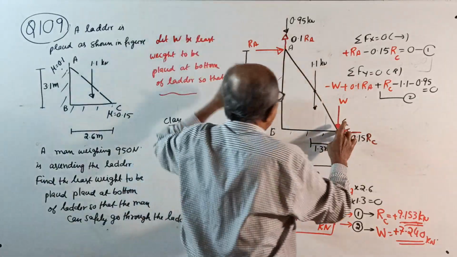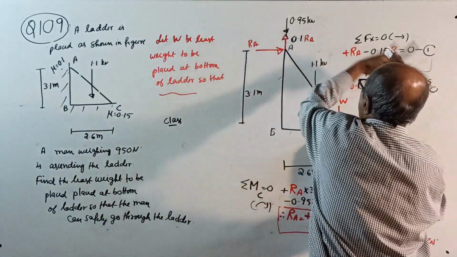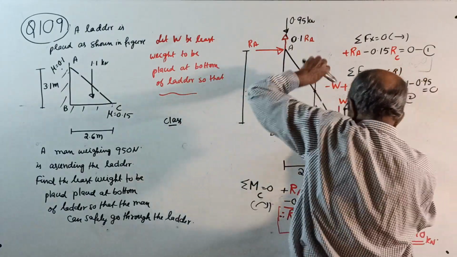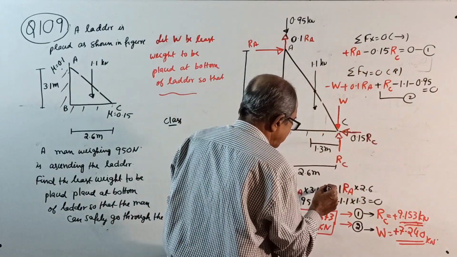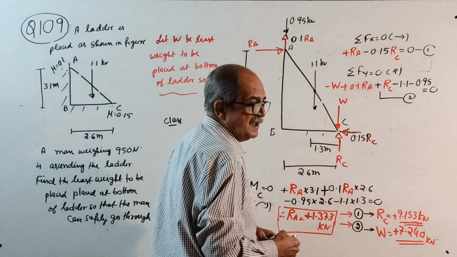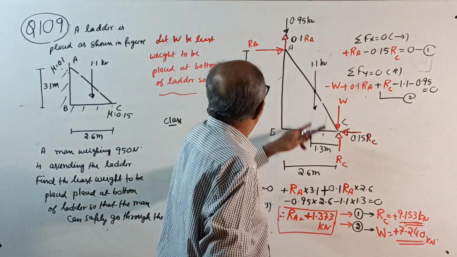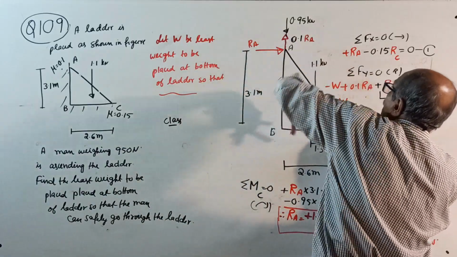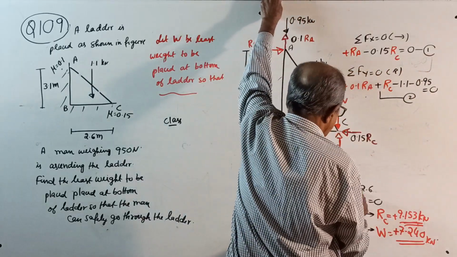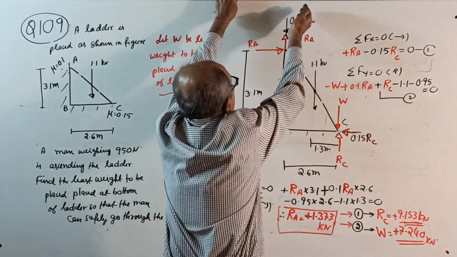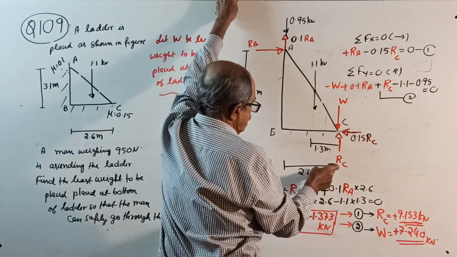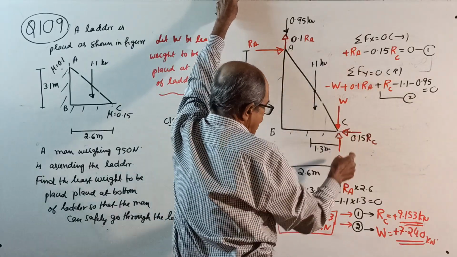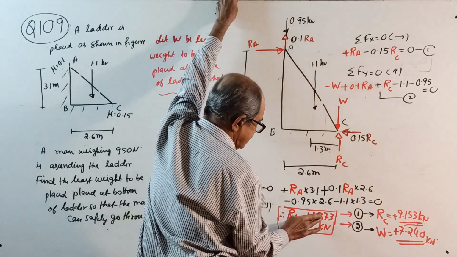If you take it here, no problem. Plus Ra into 3.1, again plus. I can make it out. That's why I explain sometimes. Plus 0.1 Ra, this is clockwise, this also clockwise. Plus 0.1 Ra into 2.6 minus 0.95 into 2.6 minus 1.1 into 1.30, and you will get the value of Ra.